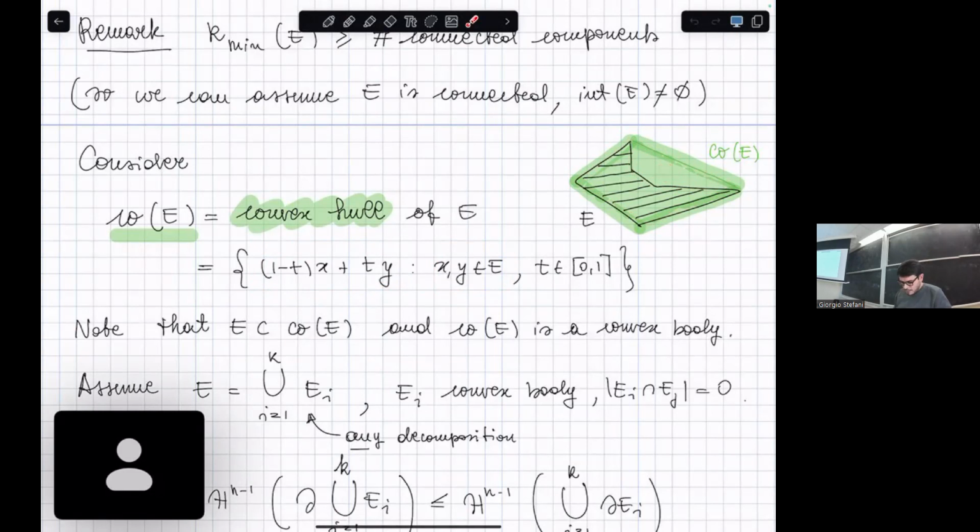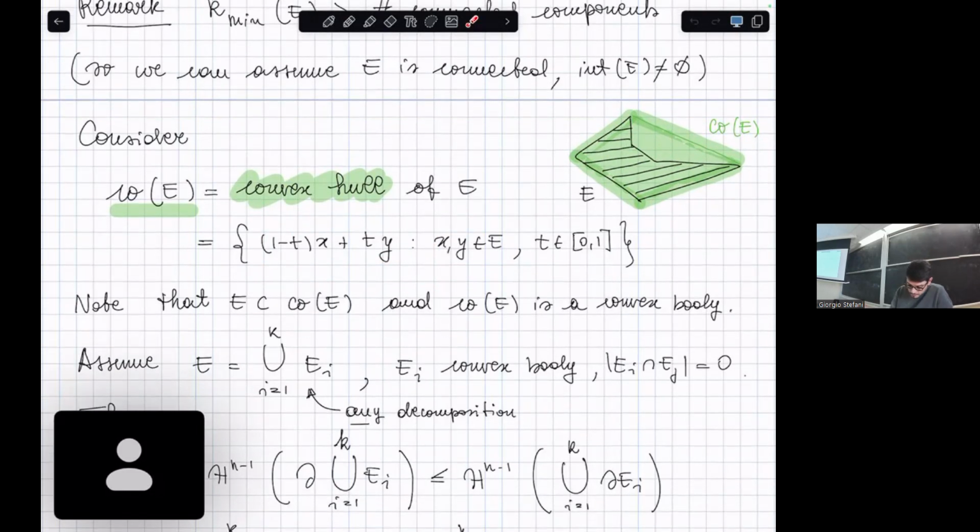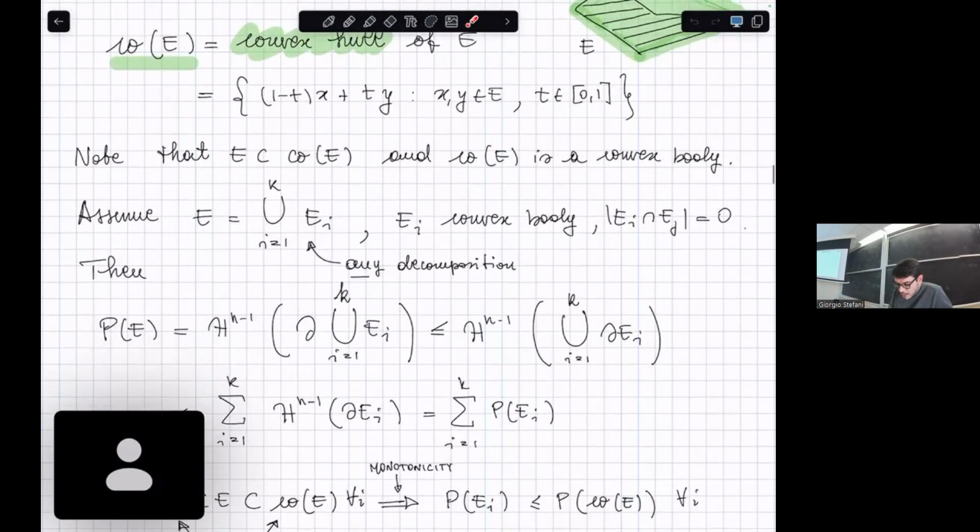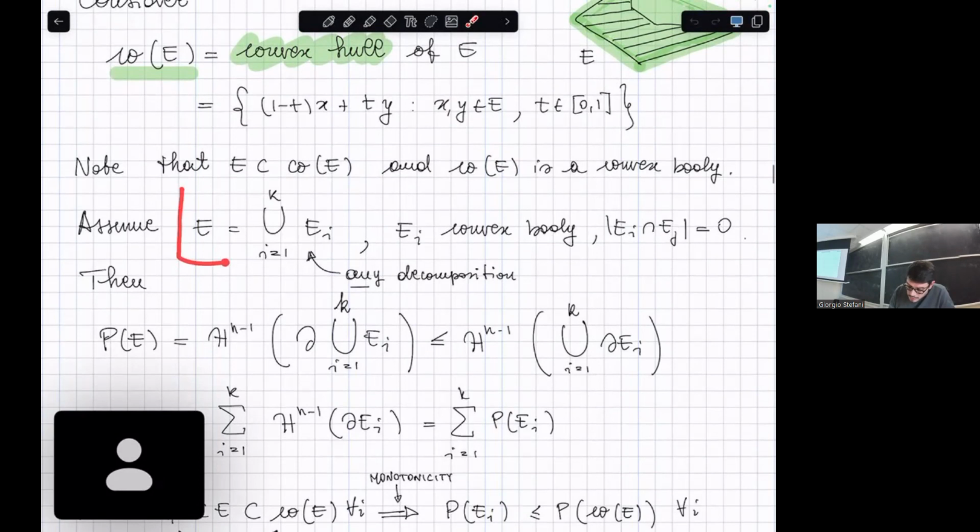Okay. So elementarily, E is already contained in its convex hull, and the convex hull is a convex body. It is easy to see that if you give me a compact set, then the convex hull has to be compact as well. Okay, this can be easily seen. Now, as I said, you have a non-convex set with non-empty interior.